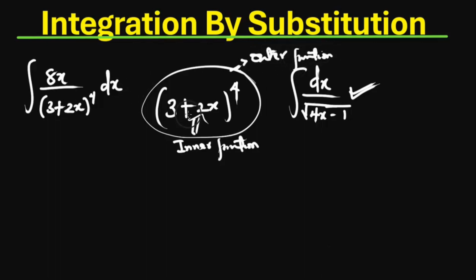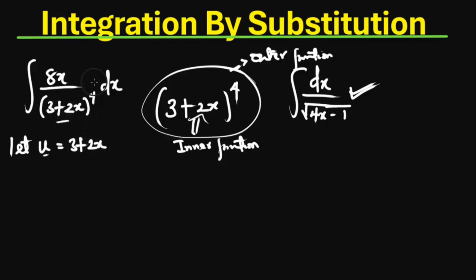So whenever we are substituting, it is always best to substitute the inner function with a new variable. Okay, so we're going to say let u replace 3 plus 2x. So we're going to substitute this guy with u.